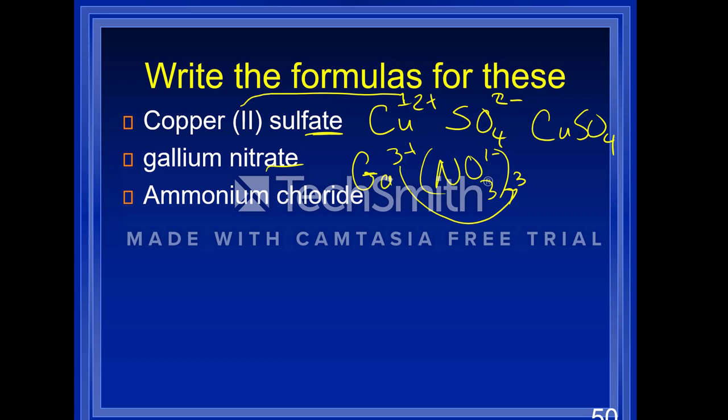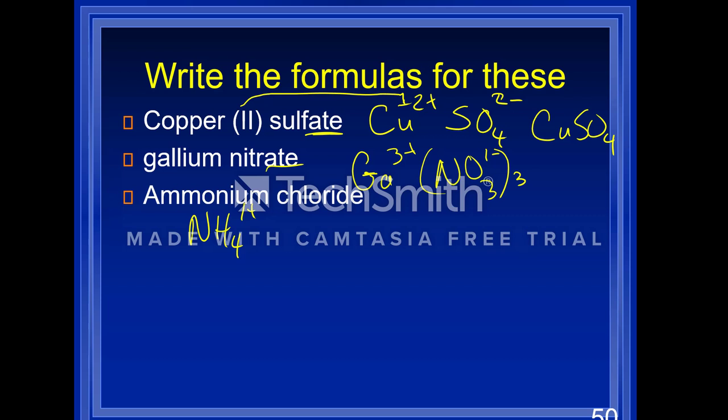Well, I could ask you this one. Ammonium chloride. It doesn't have Roman numerals, so you look up and down group 1A, 2A, and 3A, and you can't find ammonium anywhere. Why not? Because it's on the back of the periodic table. Ammonium is NH4, and 1 plus charge.